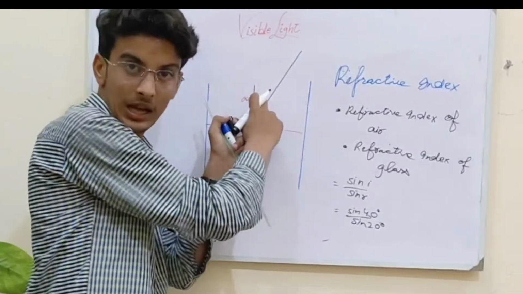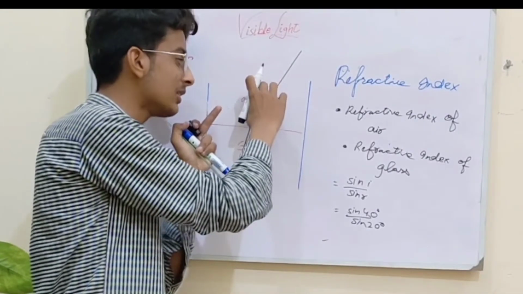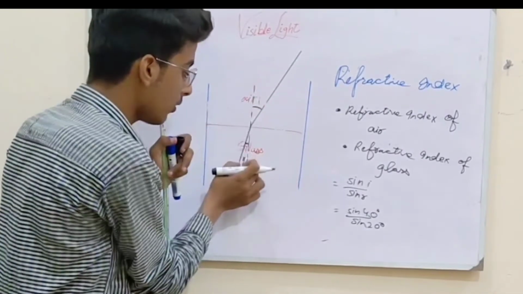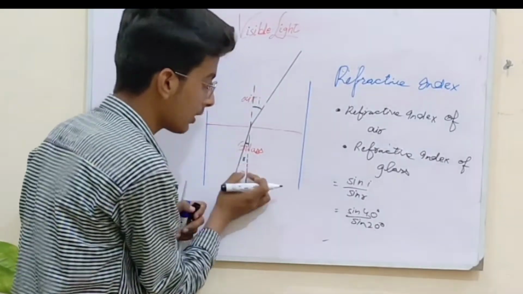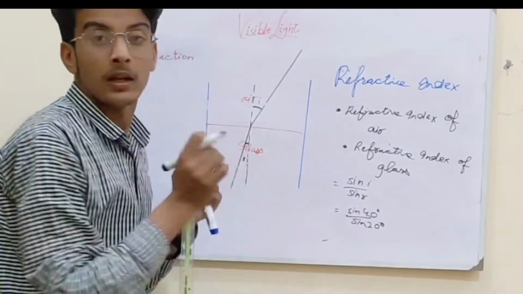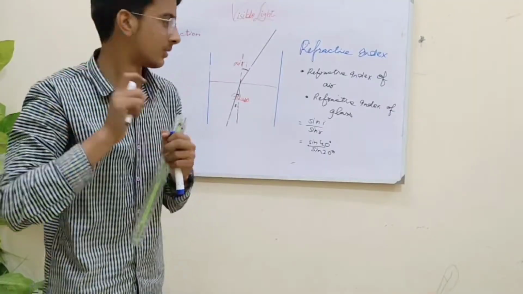This would be the incident angle I, and this one would be the refracted angle R, to find the refractive index of glass.